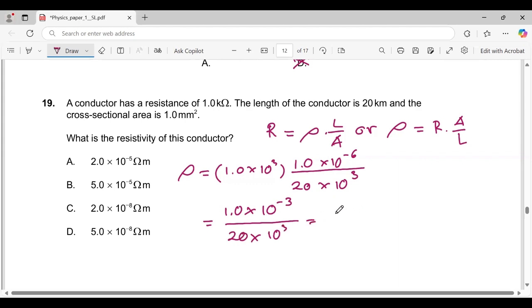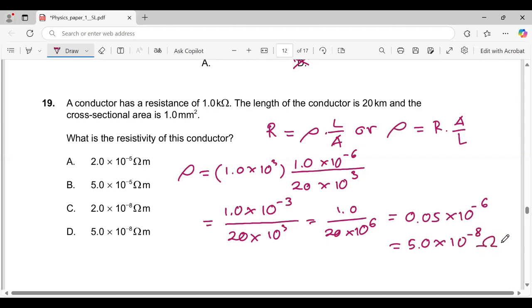That means 1.0 over 20 times 10 power 6, like this. So it becomes 1 over 20, 0.05 times 10 power minus 6, or is 5.0 times 10 power minus 8 ohm meter.